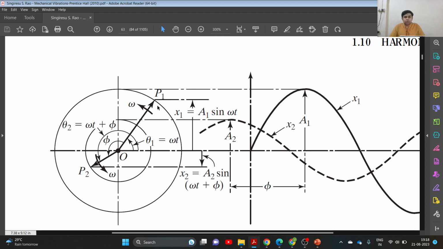Right. So now, if we have two vectors, let us say OP1 is rotating at omega 1, and the other is rotating at omega 2, then the angle between OP1 and OP2 will keep on changing with time, right?